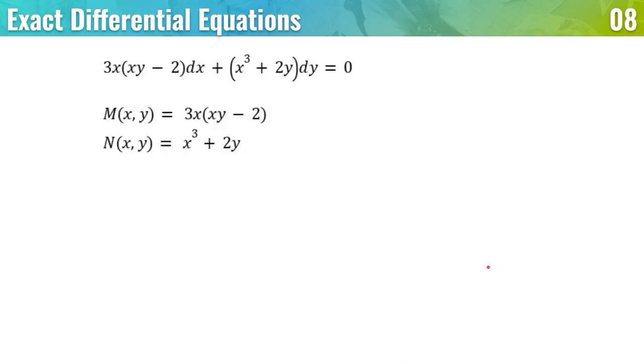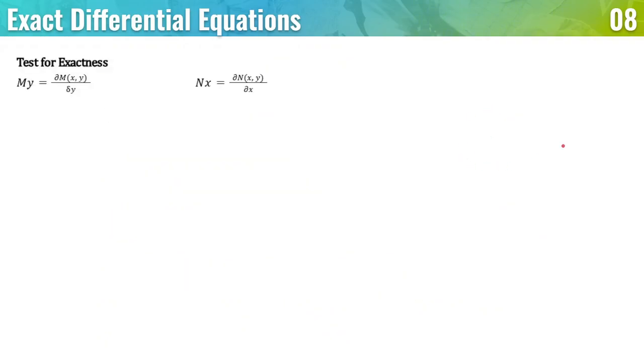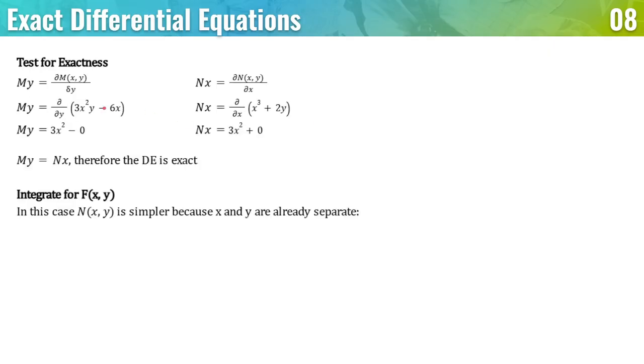So here we have another example where this is our M and this is our N. So trying the variable separable method and the test for homogeneity, we can't apply those methods here, but we can apply the test for exactness. So finding the partial derivative of this with respect to y, we get 3x squared minus 0, since we don't need this and the y gets cancelled out.